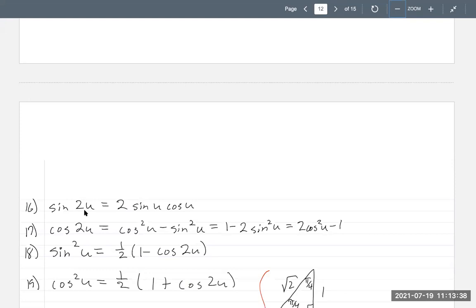The sine of 2u is 2 sine u cosine u. This will be very important for actually math 262. Yeah, much more important, 262. And similarly, the cosine of 2u is cosine squared u minus sine squared u, which is equal to 1 minus 2 sine squared u, which is equal to 2 cosine squared u minus 1.